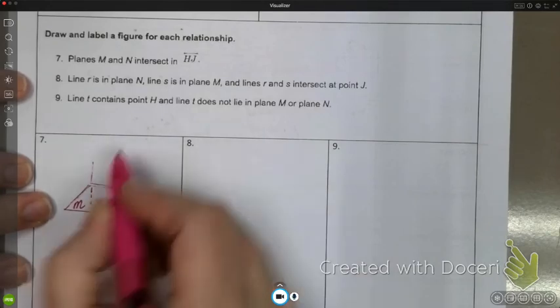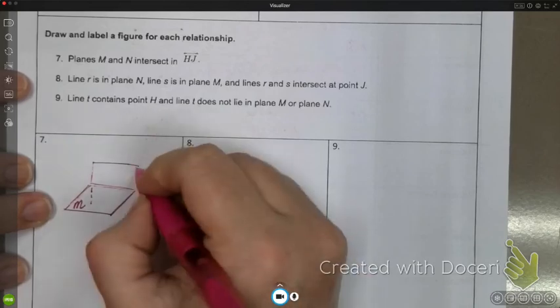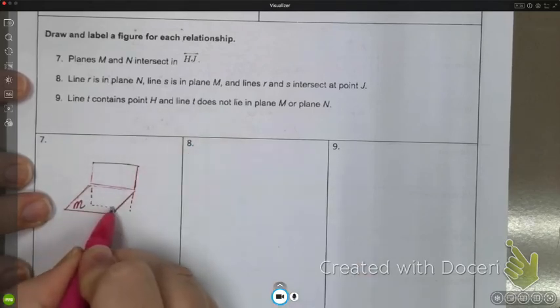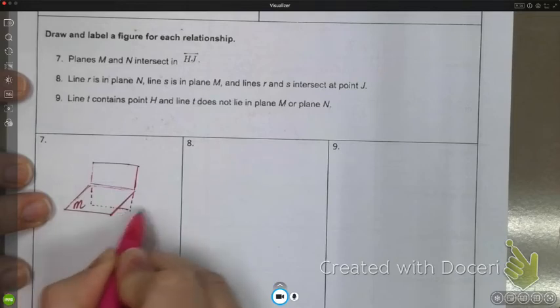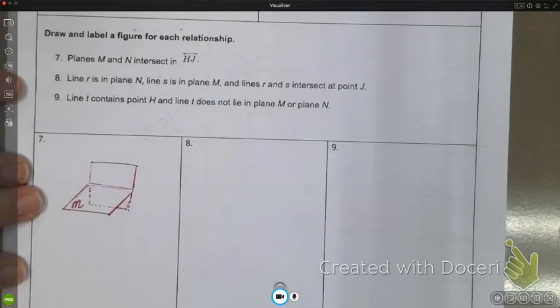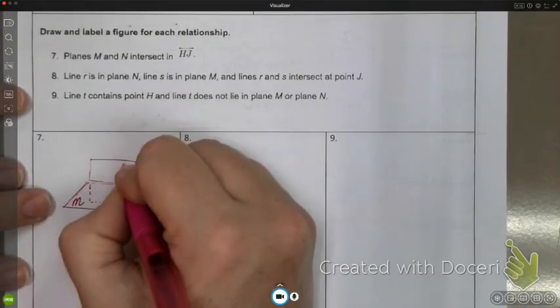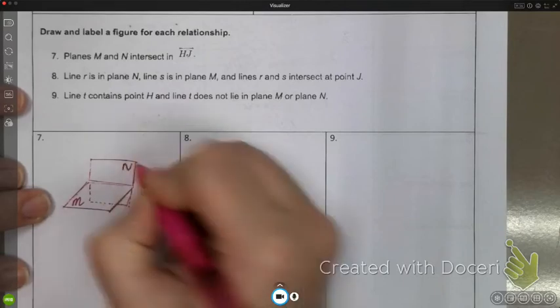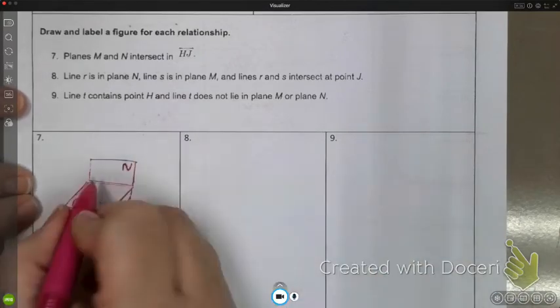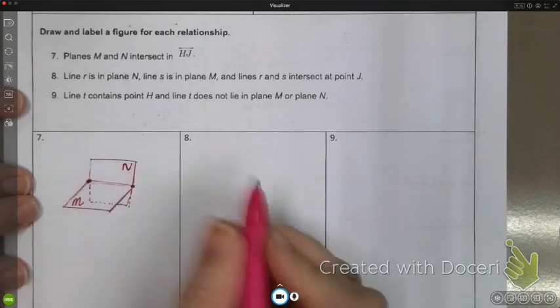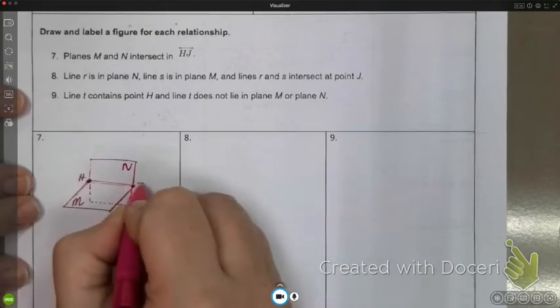And it kind of went down. Is that reasonable? Does that get the point across, kind of? So this one I'm going to call N. And they intersect in this line. So what do I need to label those points on that line? H and J.